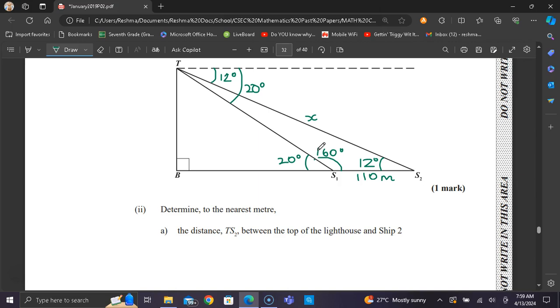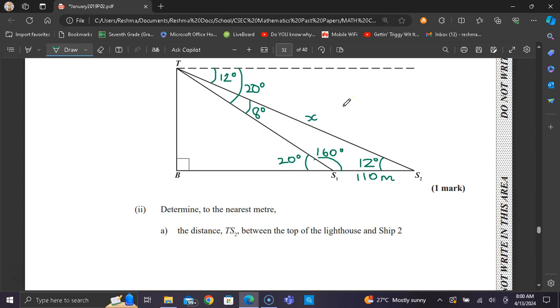So 160 plus 12 is 172. So 180 minus 172 means that this angle here is 8 degrees. And of course, that also makes sense because the difference between the two angles of depression, 20 take away 12, is also 8.